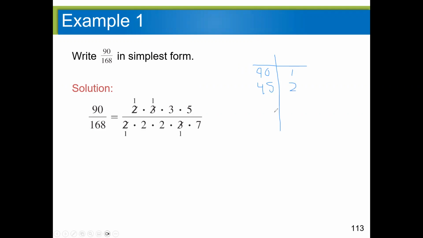Is 3 a factor of 90? Oh yeah, 30 and 3, right? Go down that list. Is 4 a factor of 90? No, I can't factor 4 and 90, right? 5? Yeah, 5 and something else. So you roll through this process, get all your factors.